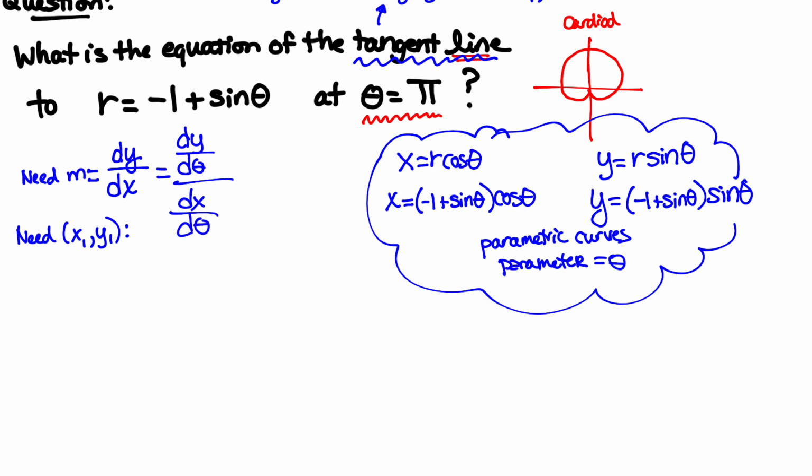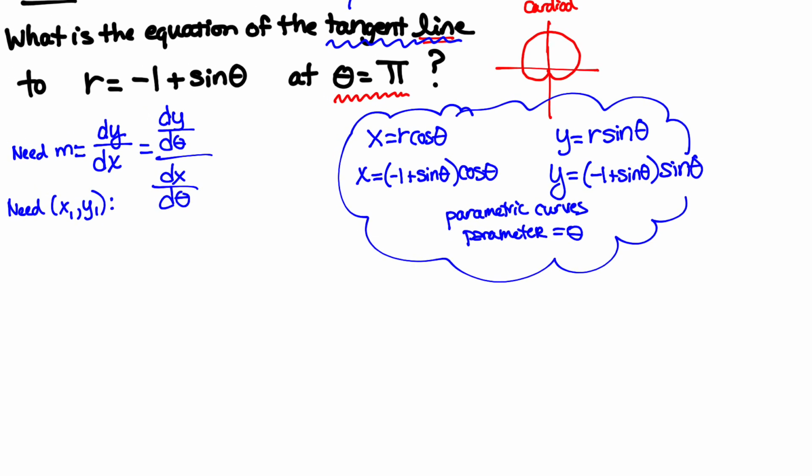Now, the only thing that gets tricky: what kind of functions do I have going on in each of those functions? James, I have what going on? Multiplication. I have a product going on.